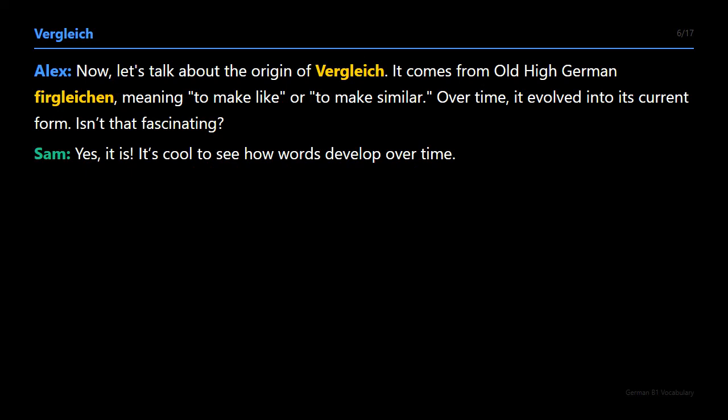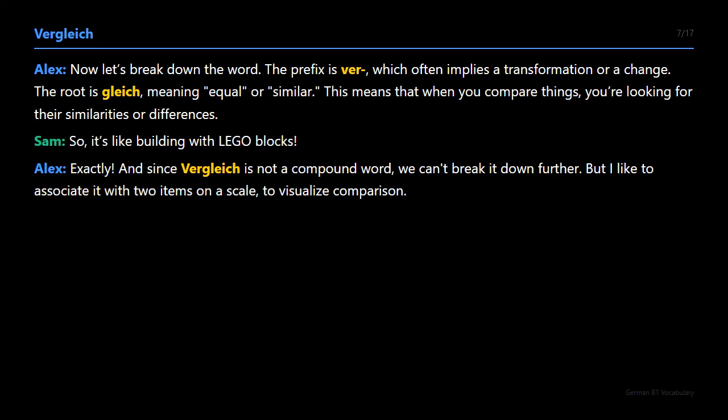Now let's break down the word. The prefix is ver-, which often implies a transformation or a change. The root is gleich, meaning equal or similar. This means that when you compare things, you're looking for their similarities or differences. So, it's like building with Lego blocks. Exactly. And since Vergleich is not a compound word, we can't break it down further.